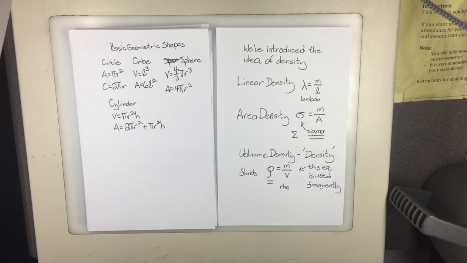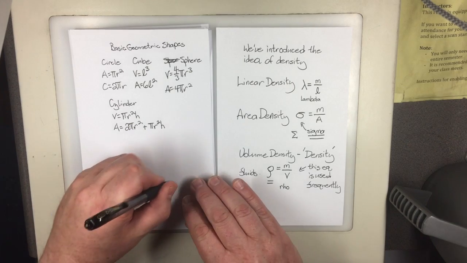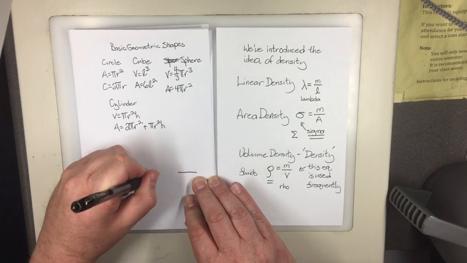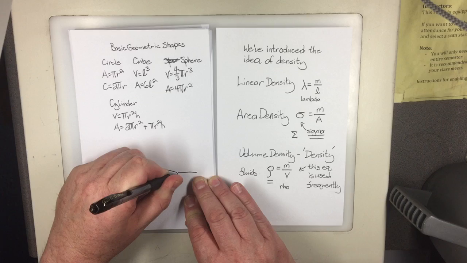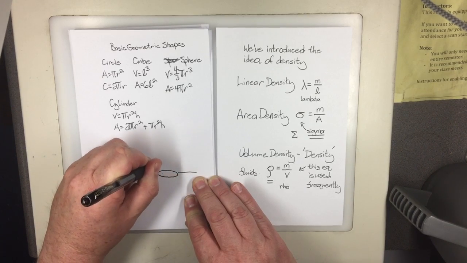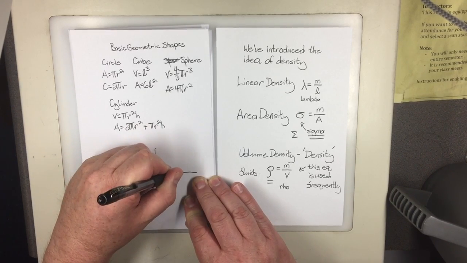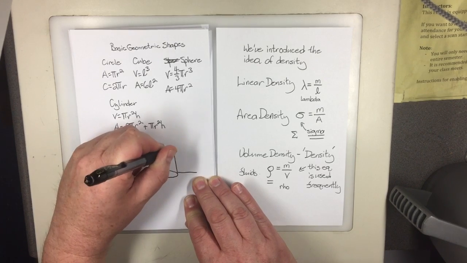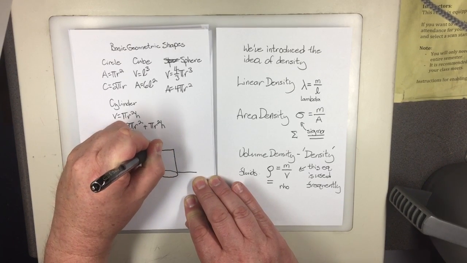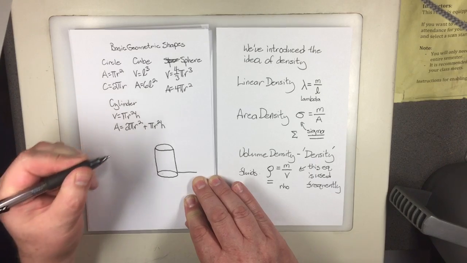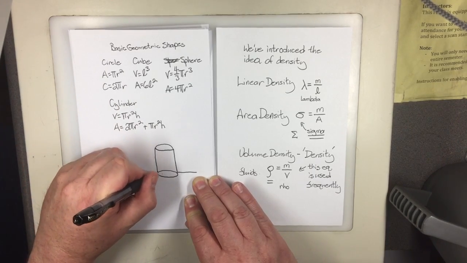Well, let's take a look at a cylinder of a material, and it has the following features.